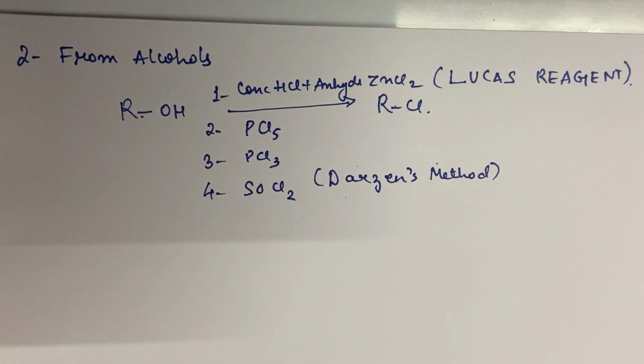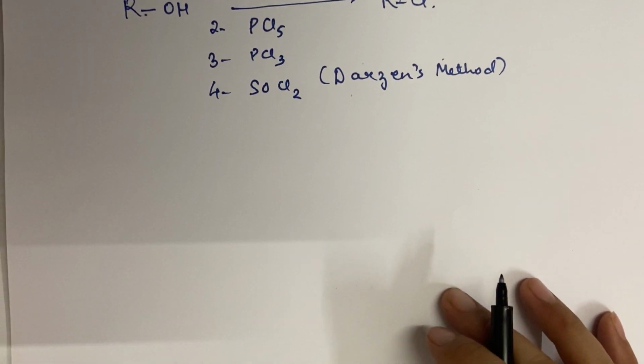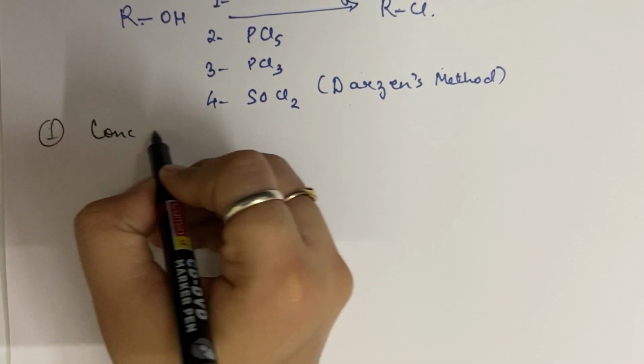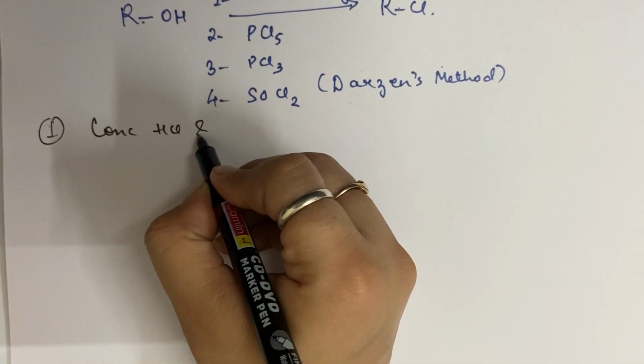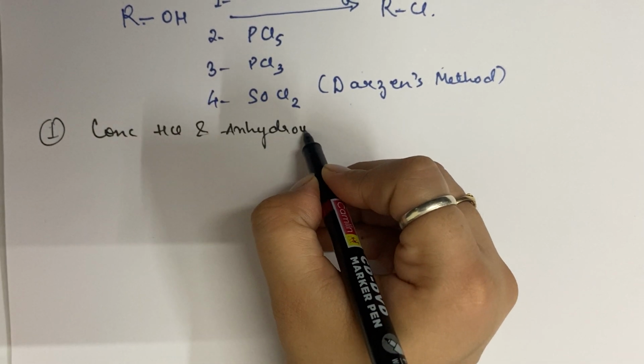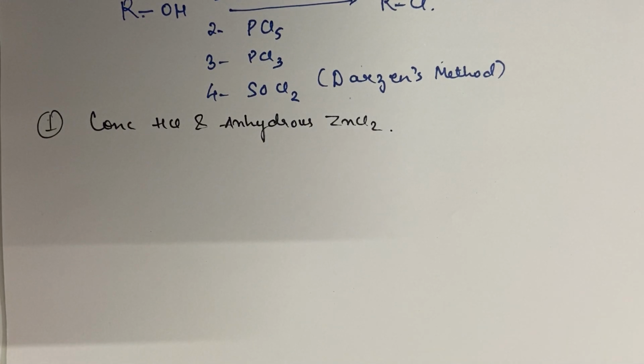So first start with concentrated HCl and ZnCl2. Concentrated HCl plus anhydrous ZnCl2. So in this case, the reaction will be this one.